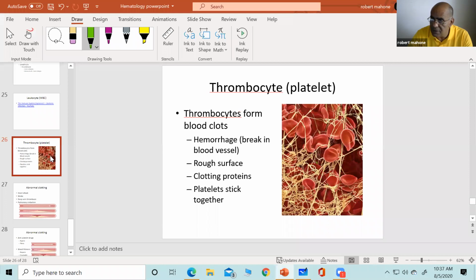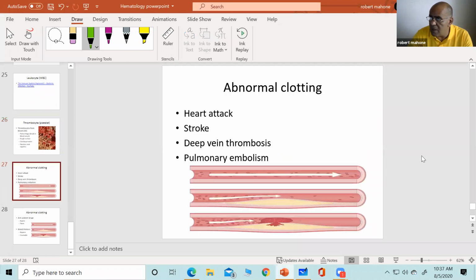All right. So abnormal clotting leads to heart attacks, strokes, deep vein thrombosis, or pulmonary embolism. You see one happening here. See this building up in the blood vessel right there? That's what we call plaque, building up in the vessel. You may have heard of it as hardening of the arteries.